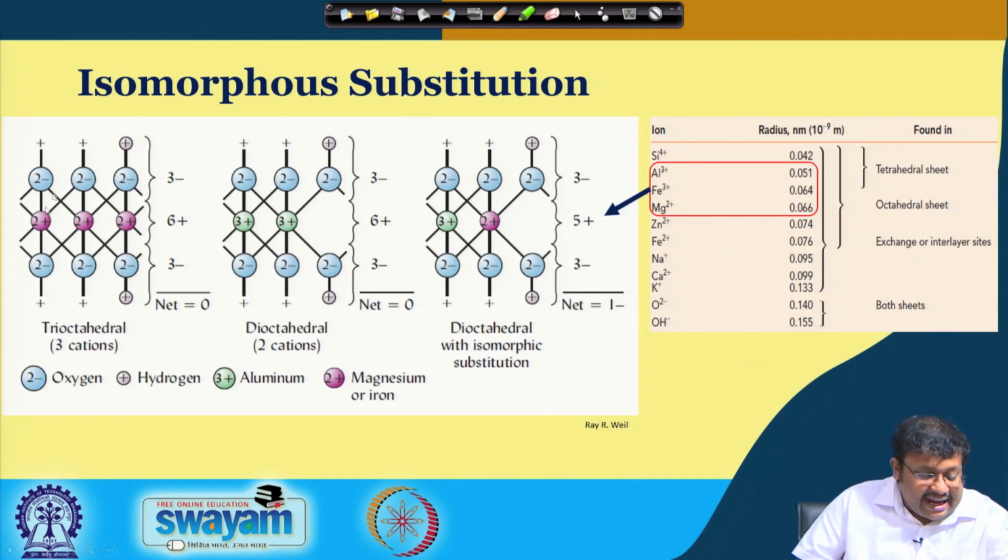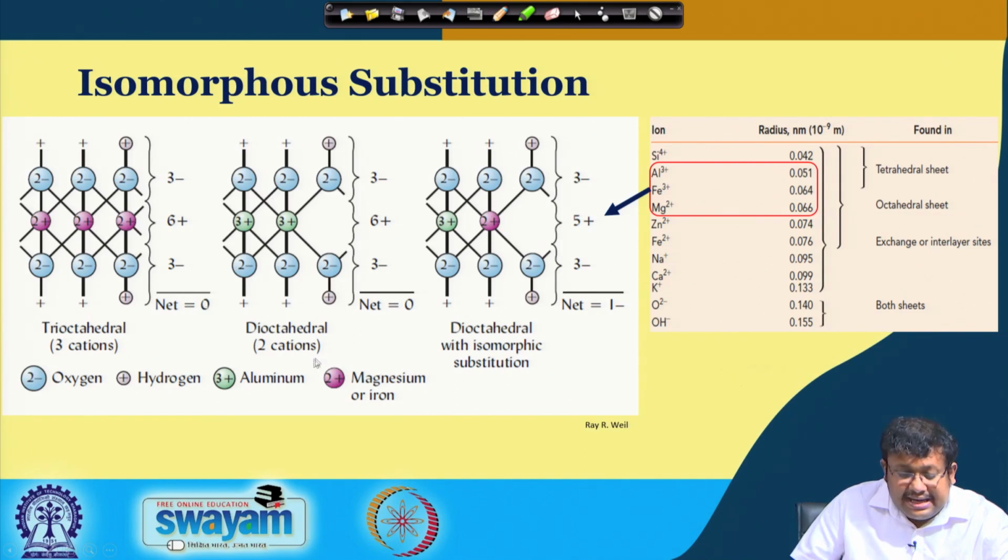As you can see, this is a trioctahedral structure, where, let us consider, this is magnesium with 2 valency. So, 3 magnesium will satisfy all the 6 anions, producing a net negative charge. All 6 anions are, as you can see, 3 negative here, 3 negative here. So, 6 negative and 6 positive from 3 cations.